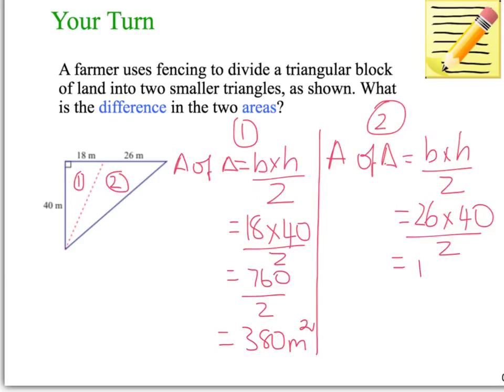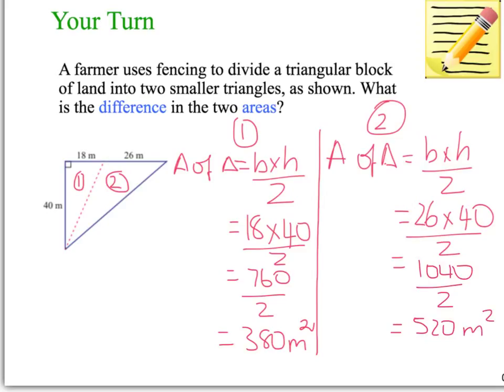Right, so it's 1040 divided by 2 equals 520 meters squared. Right, it's not over yet.